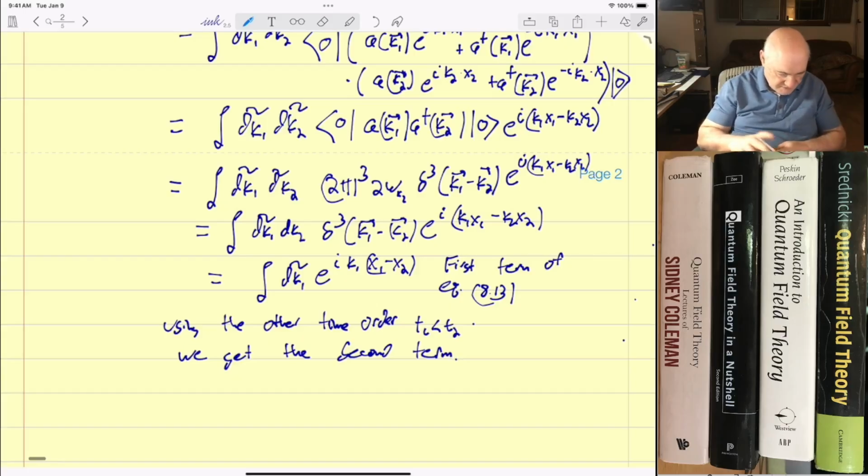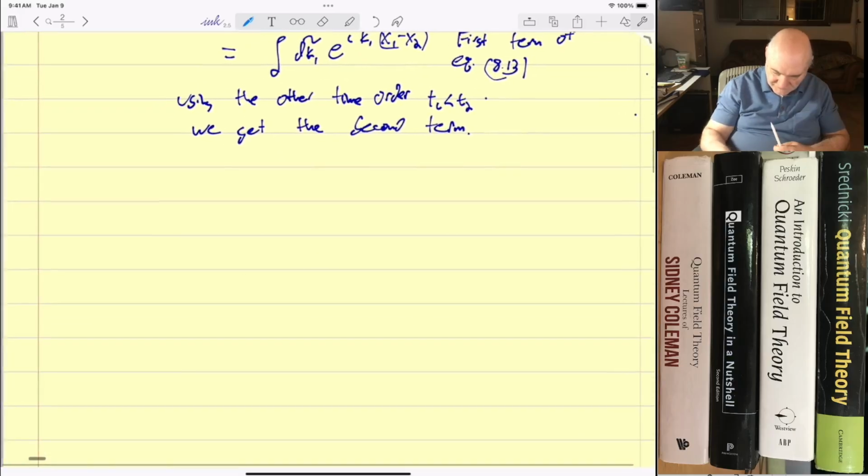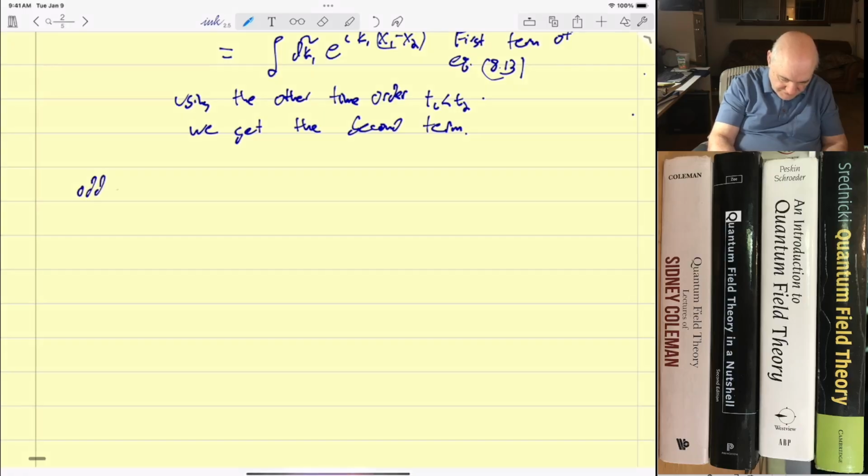Okay, so let's go back. That just confirms what we already knew, that we could do it. That's sort of like the canonical approach. In general, if we have an odd number of phis, then the vacuum time ordered phi dot dot dot phi vacuum is equal to 0.